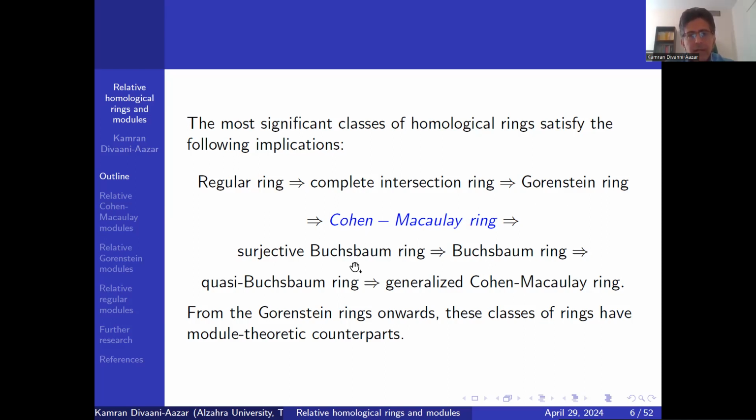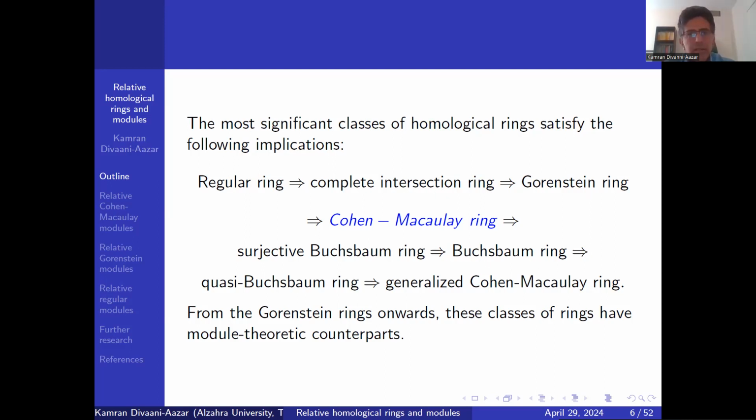These types of rings, I mean the other types after regular, are also important for varieties that are not smooth. So when we don't have a smooth variety, we deal with other types of rings. Some geometers call these rings, after regular, singularities.